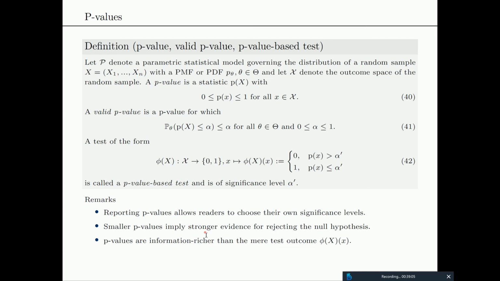So the thing with p-values is that it is richer to report p-values than to report the outcome of a test. If you report the outcome of a test, you would say, I rejected the null hypothesis, 1 is my outcome. The other outcome of a test is I didn't reject the null hypothesis, 0 is my outcome.